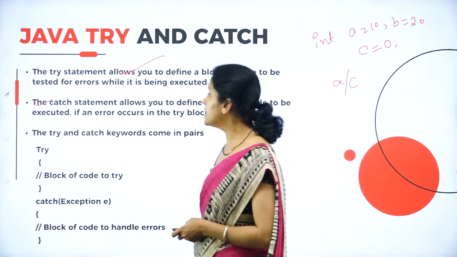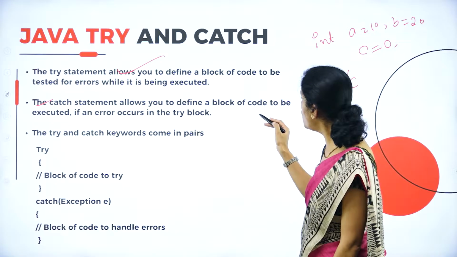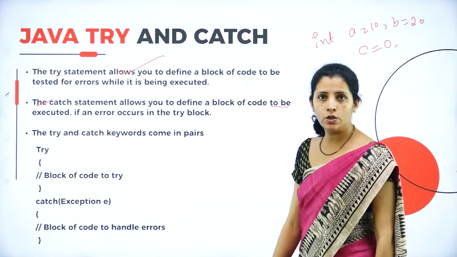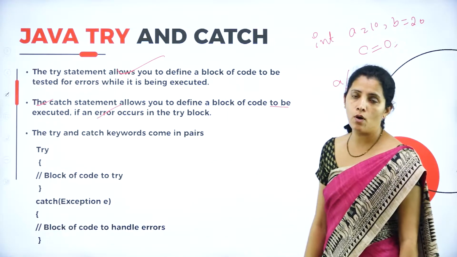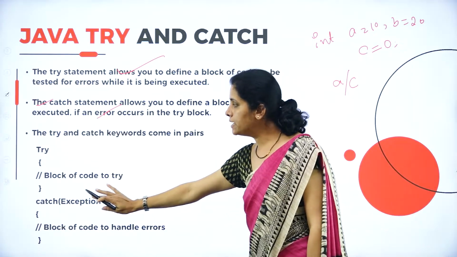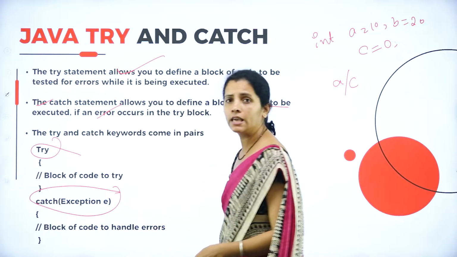So the catch statement allows you to define a block of code to be executed if an error occurs in the try block. So this is the example here. First I am going to have the try, and that must be followed by the catch block.